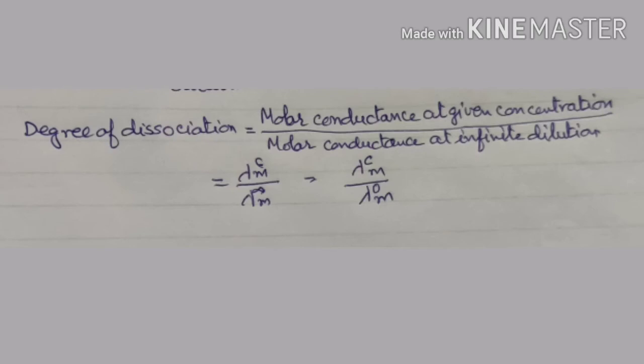I am repeating, degree of dissociation is represented by alpha. Now this alpha is equal to molar conductance at a given concentration divided by molar conductance at infinite dilution. Then we can write lambda m c upon lambda infinity, which is also equal to lambda c upon lambda m naught, that is the molar conductance at infinite dilution.